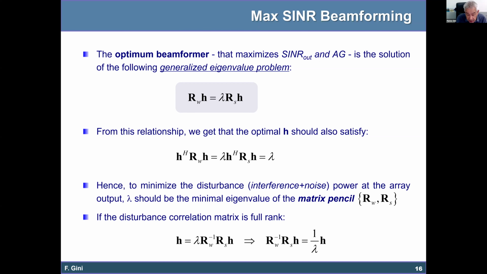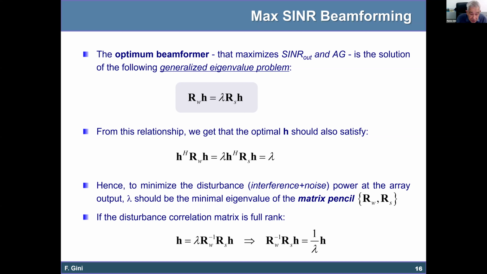And in MATLAB, you can find subroutines to solve this problem. So you find the eigenvector associated to the minimal eigenvalue, and that is the solution that you are looking for.